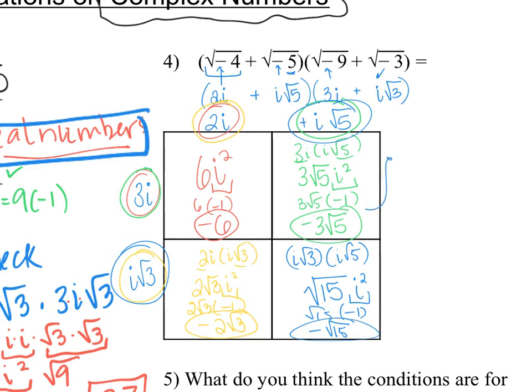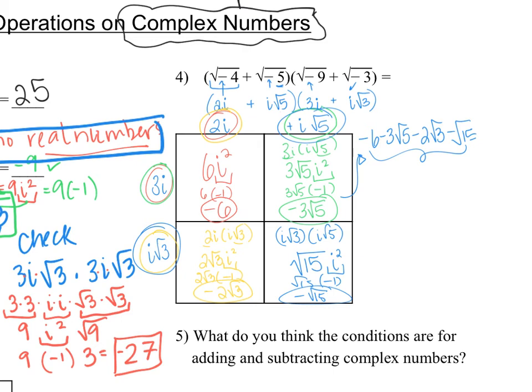So then our final answer here, hopefully, will be negative 6 minus 3 square roots of 5 minus 2 square roots of 3 minus square root of 15. And none of these are like radicals, so they're not going to be able to combine together. And so that would be my final answer.